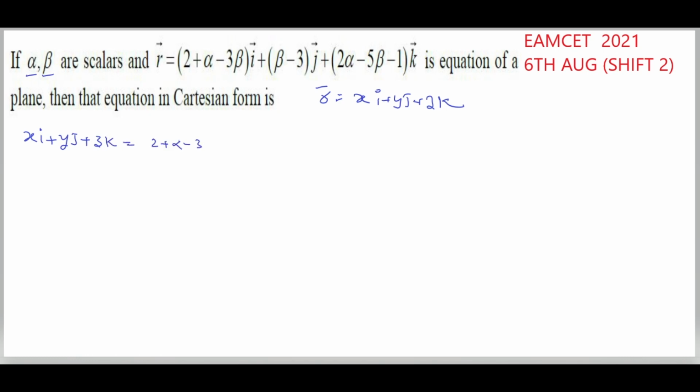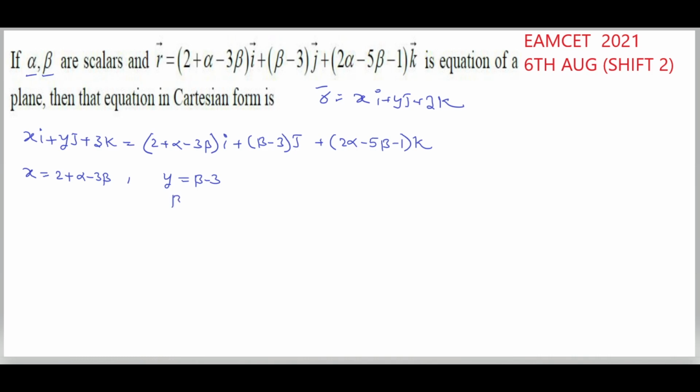Substituting this in the given equation, that is xi plus yj plus zk is equal to (2 plus alpha minus 3 beta) i plus (beta minus 3) j plus (2 alpha minus 5 beta minus 1) k. From this, x is equal to 2 plus alpha minus 3 beta, equating i bar coefficients, and equating j bar coefficients, y is equal to beta minus 3.